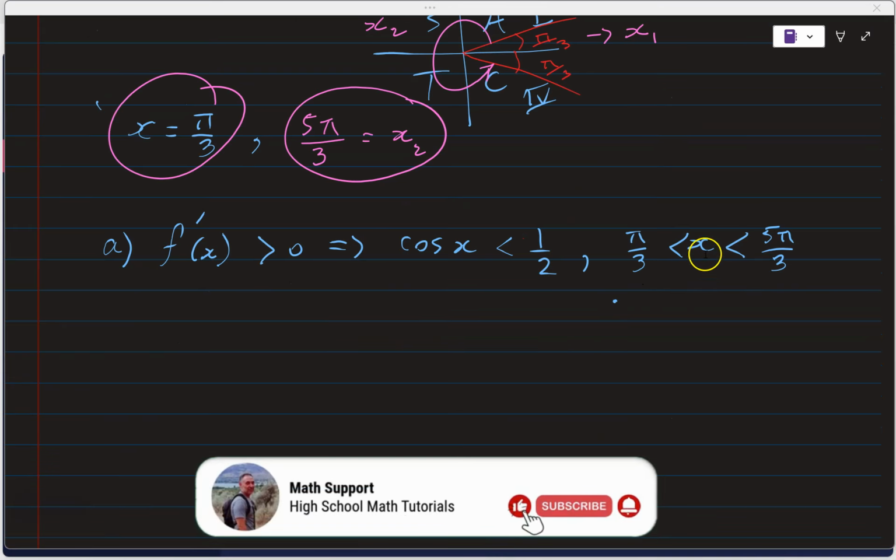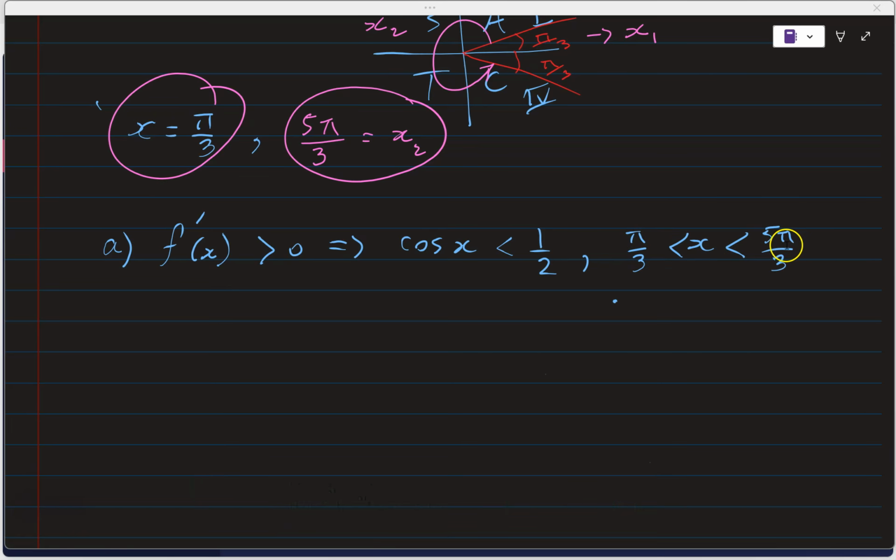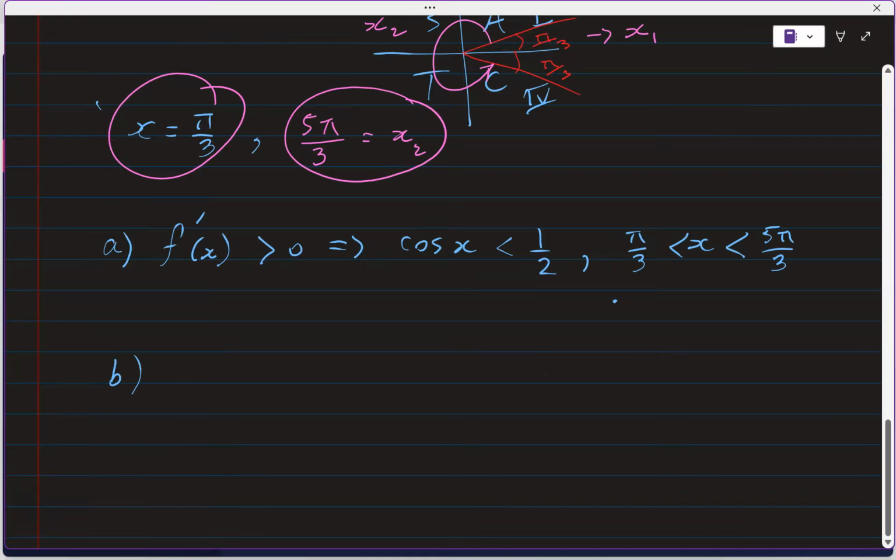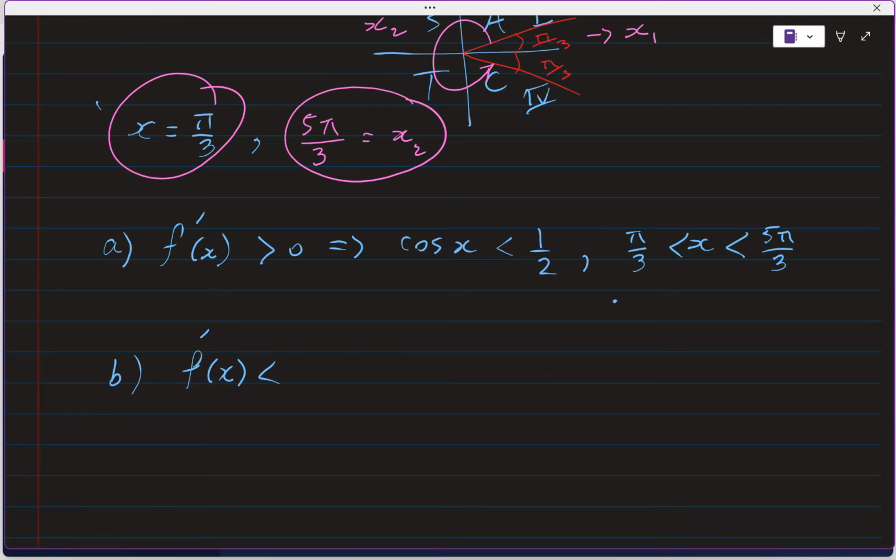Then you just choose a value between pi over 3 and 5 pi over 3. Remember, if one is in the first quadrant, the other one was in the fourth quadrant. So it makes sense that anything in between will give a value of the function that is actually less than 1/2, right?